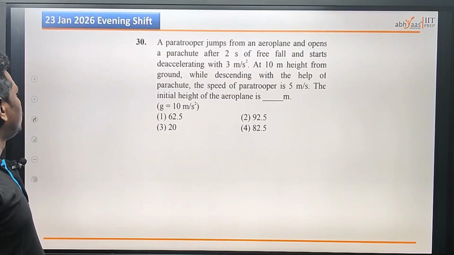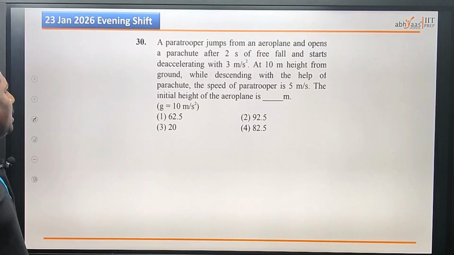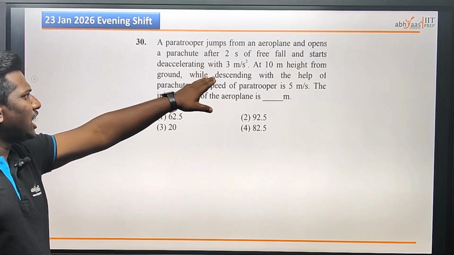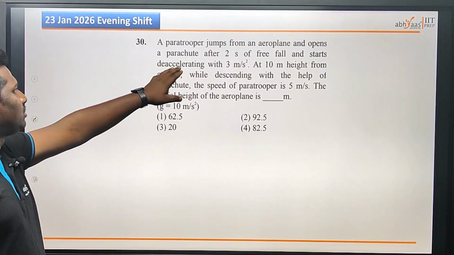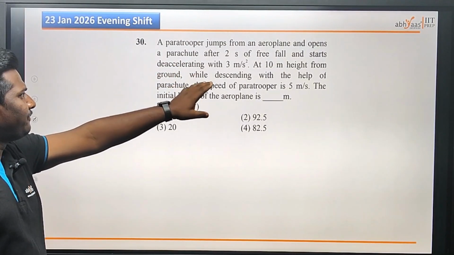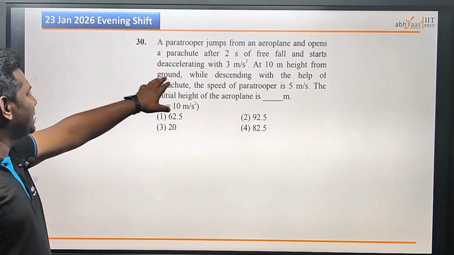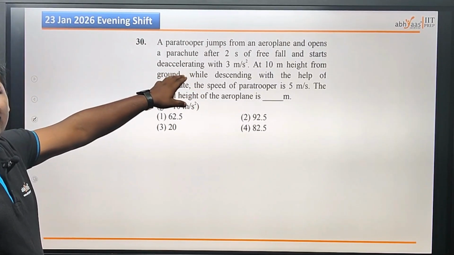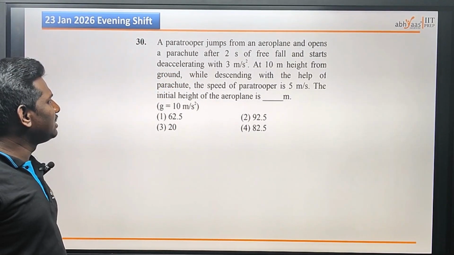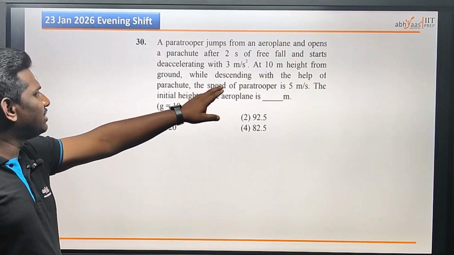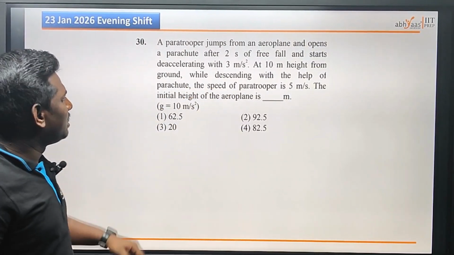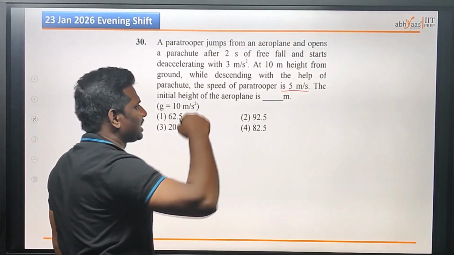Next, 30. A paratrooper jumps from an airplane and opens the parachute after 2 seconds of free fall and starts a deceleration of 3 meter per second square at 10 meter height from the ground. While descending with the help of a parachute, the speed of the paratrooper is 5 meter per second.